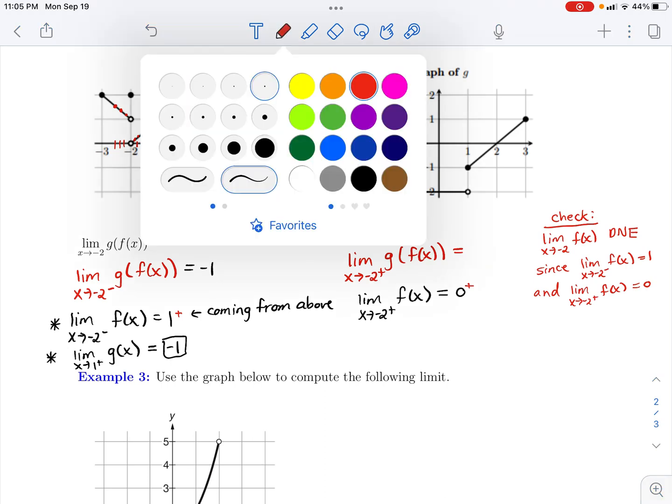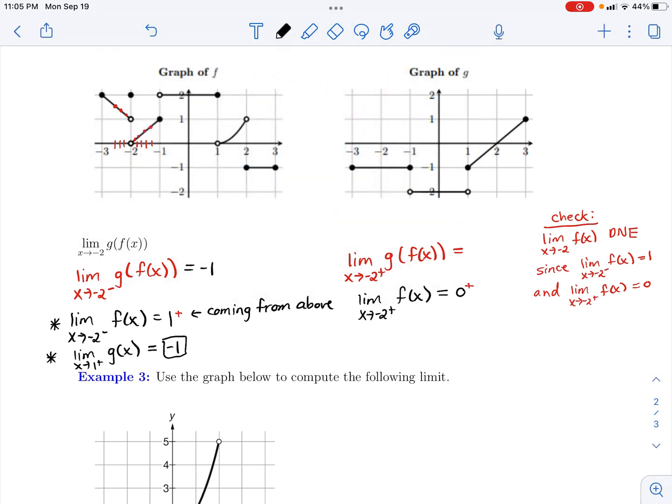So this will be 0 from the right, which means that now when I look at the limit as x approaches 0 from the right of the outer function, this will give me the answer for the limit as x approaches -2 from the right of that composition. So now when I look at the limit as x approaches 0 from the right, I should get that the answer is -2.